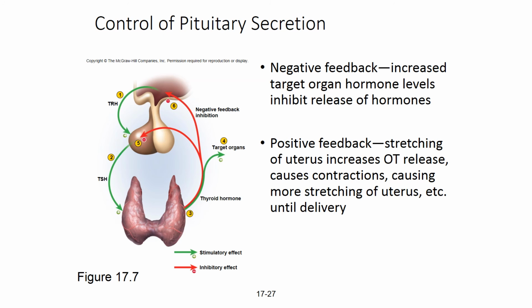So we also have ways of controlling it through negative feedback mechanisms. Good old negative feedback, where an increased target organ hormone level inhibits the release of that hormone. So it's kind of like you're filling up a tub of water, and once it's full, you can turn off the valve. So in our example here, we're looking at thyroid hormone. We have thyrotropin releasing hormone triggering the release of thyroid stimulating hormone, which triggers the thyroid to release thyroid hormone.